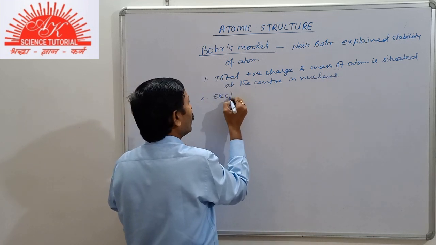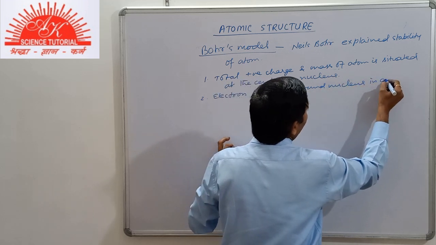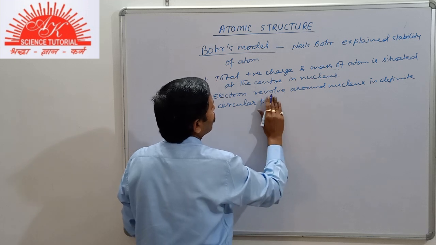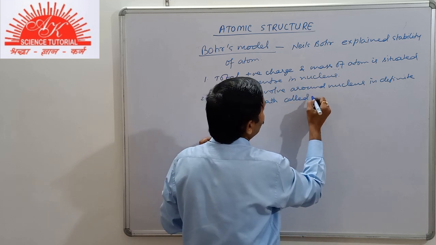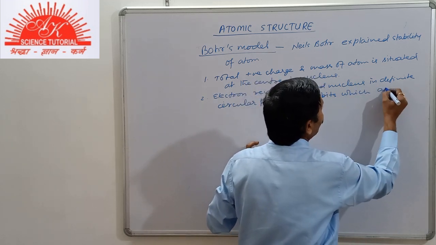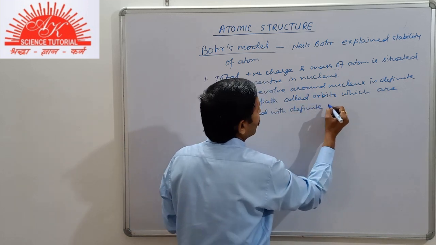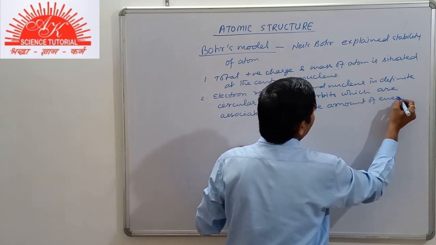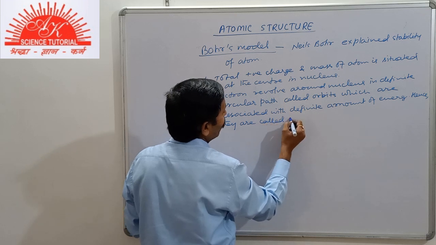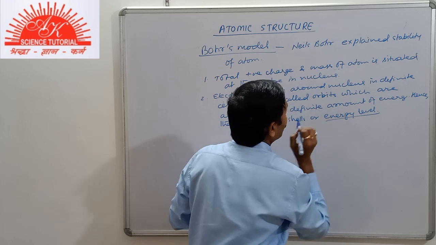Second, electrons revolve around the nucleus in definite circular paths called orbits, which are associated with a definite amount of energy, hence they are called shells or energy levels. This is the main point.